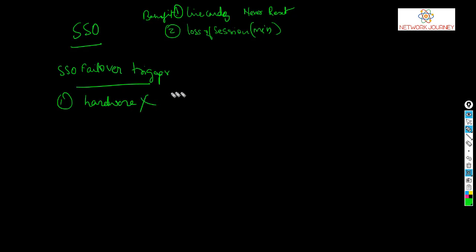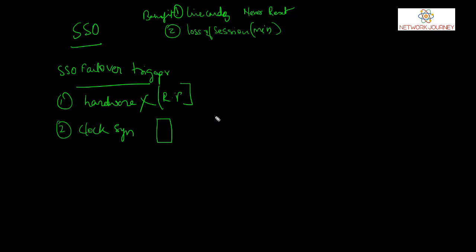Whenever the hardware is going down, its RP is also going down, so we need the SSO failover happening. Another case is when the clock synchronization between the two supervisor engines is not happening. In that case also the SSO can trigger.